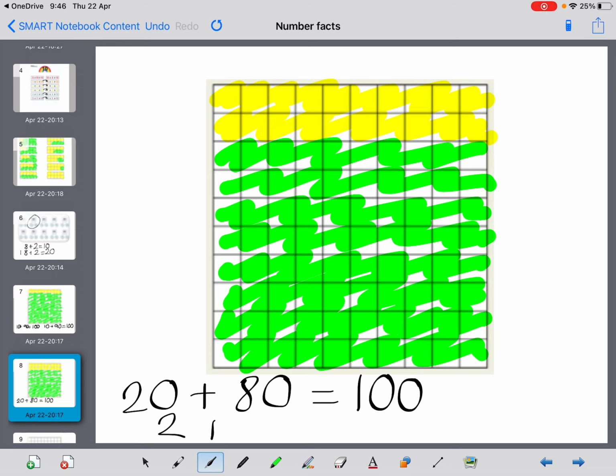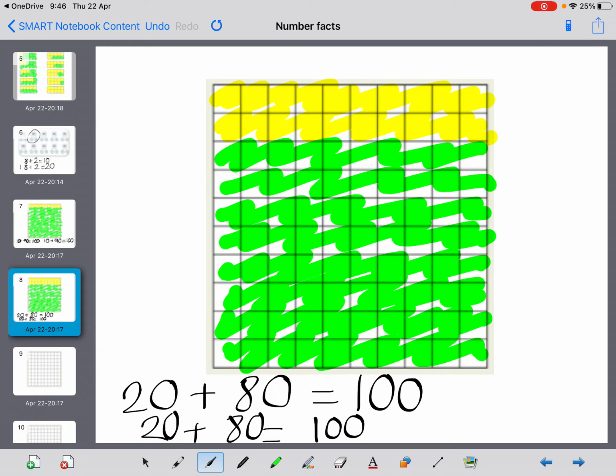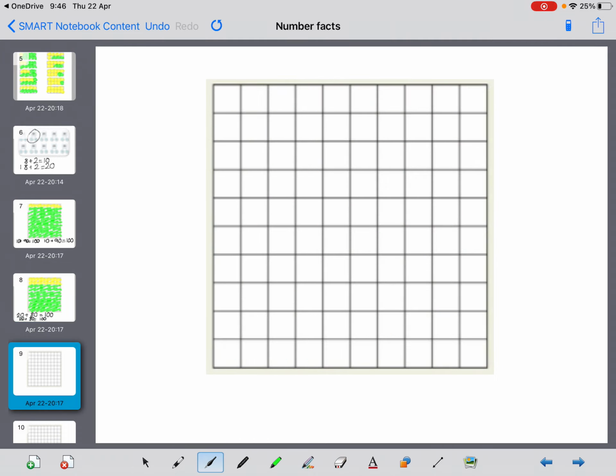And I know that 2 and 8 make 10 because I know my number bonds. So I can see the numbers here are really similar, but I need to multiply these numbers by 10 to make my bonds to 100. So my bonds to 10 help me with my bonds to 100. I know that 3 add 7 equal 10.